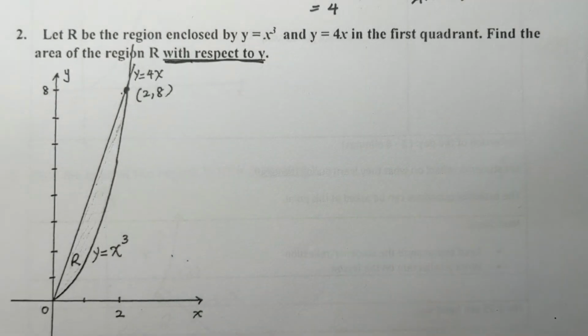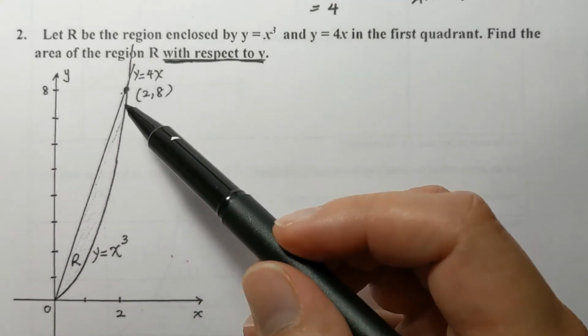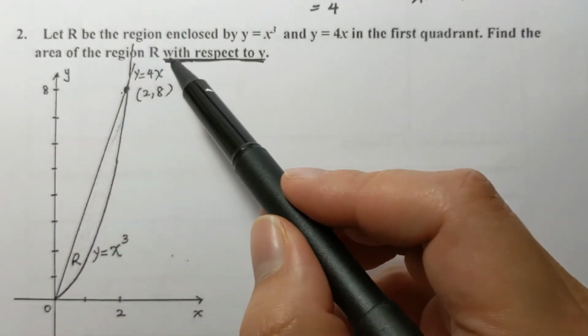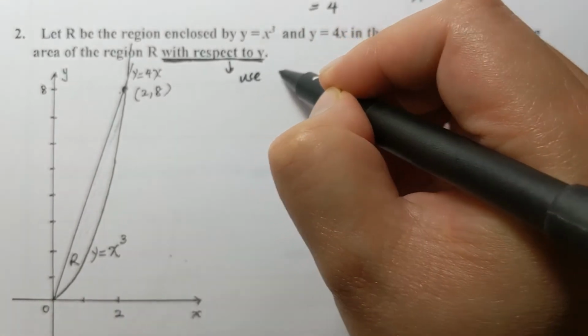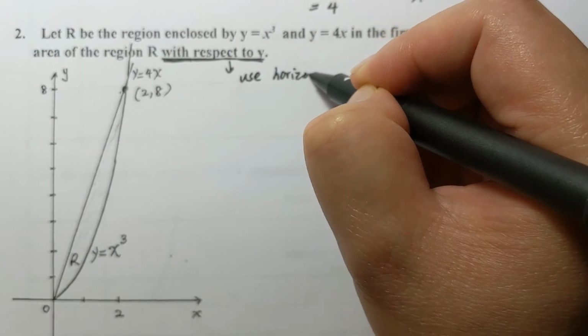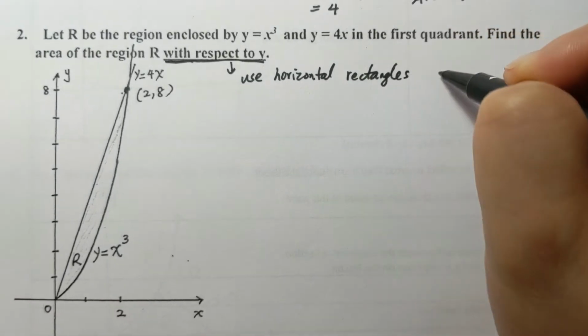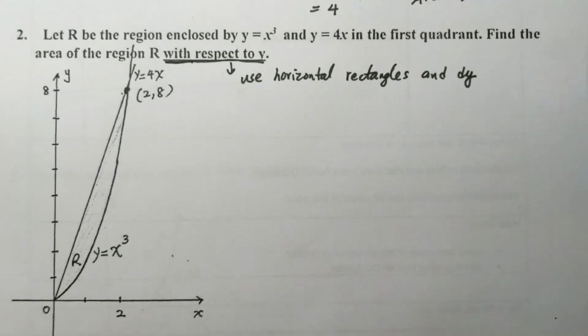Basically it's the same diagram. You still have y equals 4x and y equals x cubed. But the question asks you to find the area of the region R with respect to y. What it means is use horizontal rectangles and dy. That's what it means.